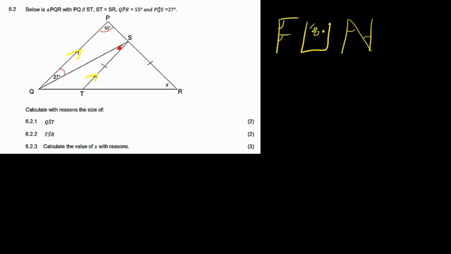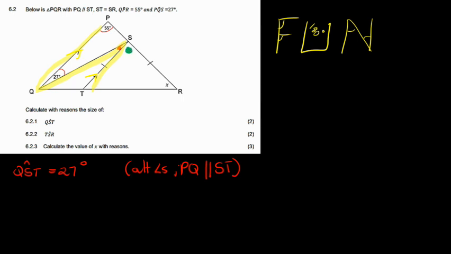Because of parallel lines, I can see that we will have alternate angles because I can see the Z. You're going to say angle QST is equal to 27 degrees, and the reason will be alternate angles because PQ is parallel to ST.